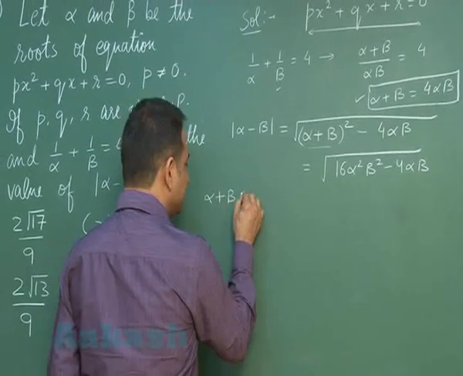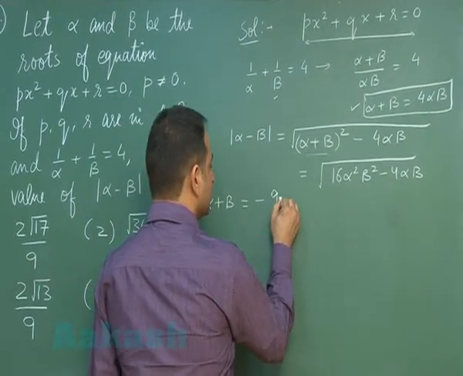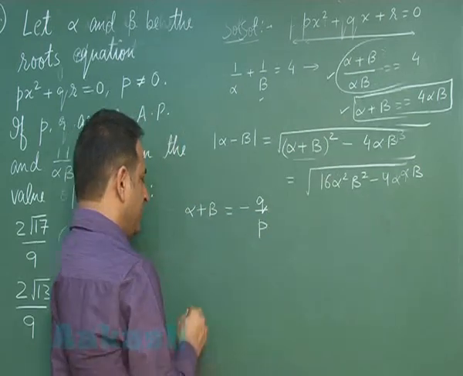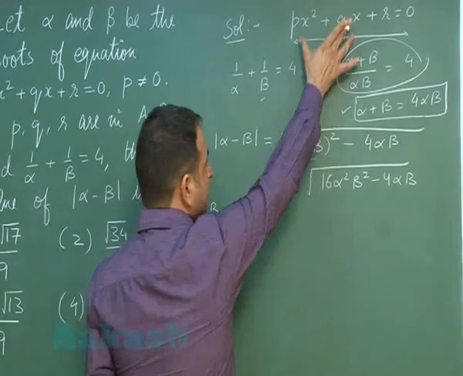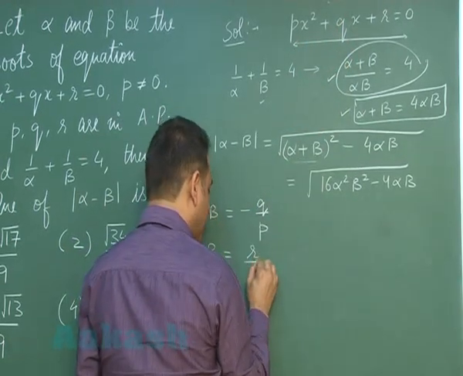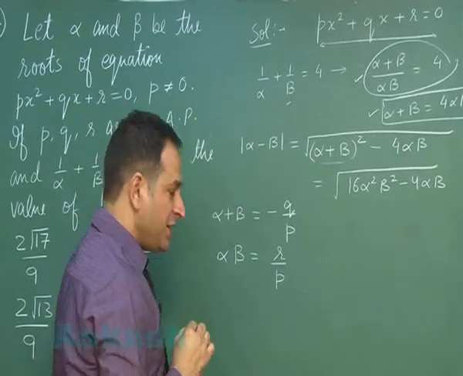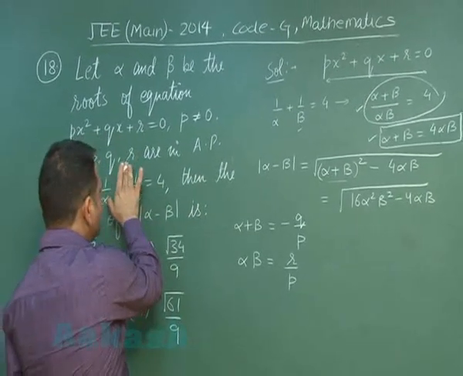Now let us see what are the sum of roots. The sum of roots, that is alpha plus beta, is equal to minus q by p, and the product of roots, that is alpha into beta, from here you can see is equal to r by p. Now one more relation is given to us, that is p, q, r are in AP.